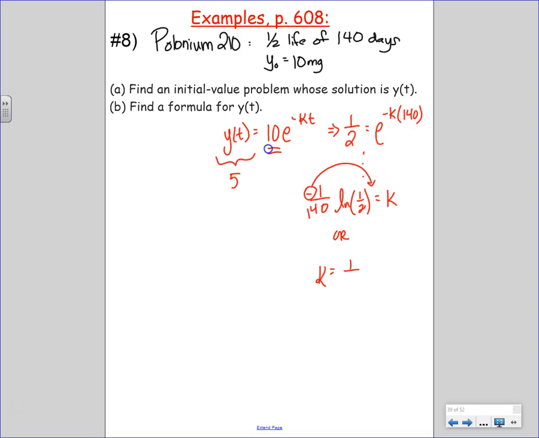So this could be the same thing as 1 over 140 times ln of 2. Oh, there's that ln of 2. Anyway, you could have memorized, because 1/2 to the negative 1 is 2. So you could have memorized that for doubling or for half-life, you do 1 over the amount of time it takes times ln of 2.